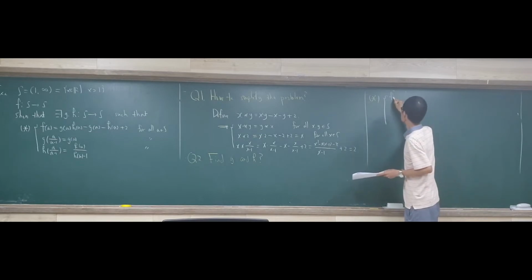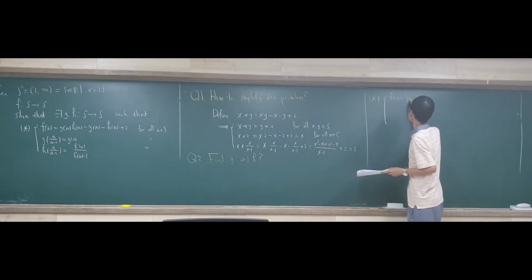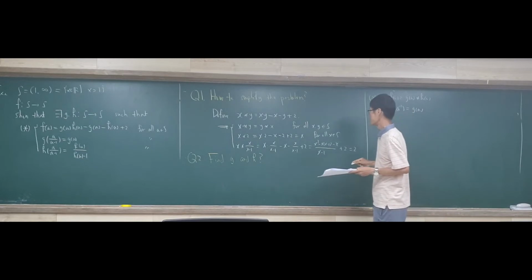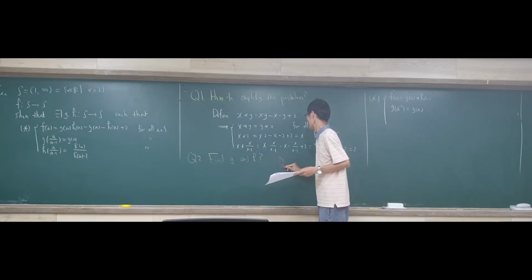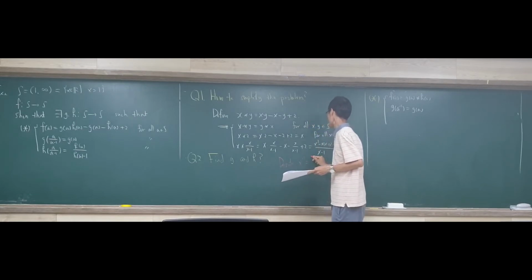F(a) is equal to G(a) star H(a), and G(a) inverse is equal to G(a), where we denote x inverse to be x over x minus 1.